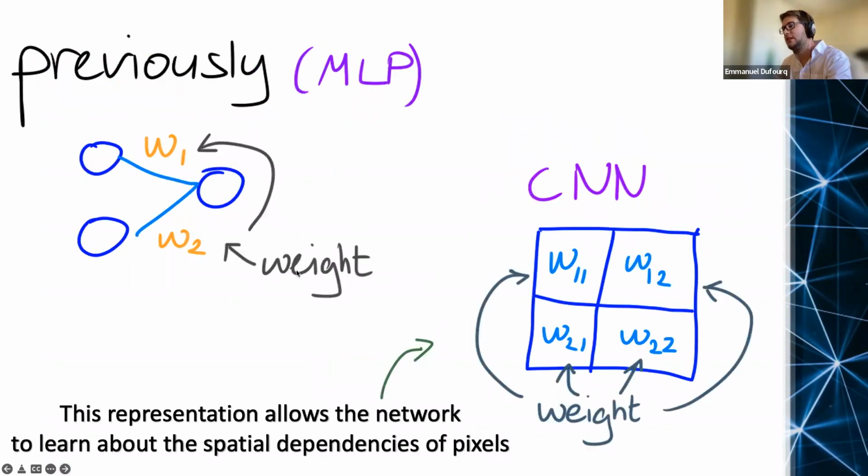So previously, what we saw was that the feed-forward neural networks had these nodes and these edges, and the edges contained the weights. Remember, we had an input node and an output node, for example, and there were the weights, and the idea was to optimize for these weights.